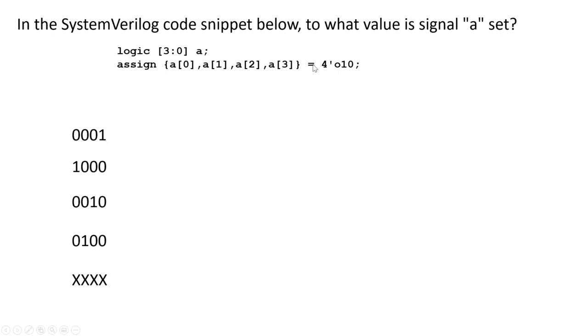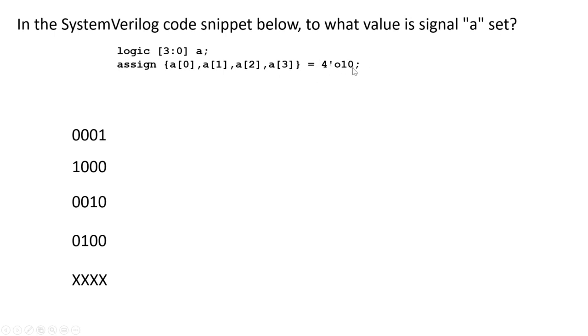And then I am assigning that to, now this is kind of cool how you can do this, you can use the concatenation operator on the left-hand side of an assignment. That's crazy. I don't know, you probably can do that in Python too, but I think it's neat. Basically, I assign it to bits 0, 1, 2, 3, but because these are listed with 0 on the left and 3 on the right, this has the effect of reversing the bit order.